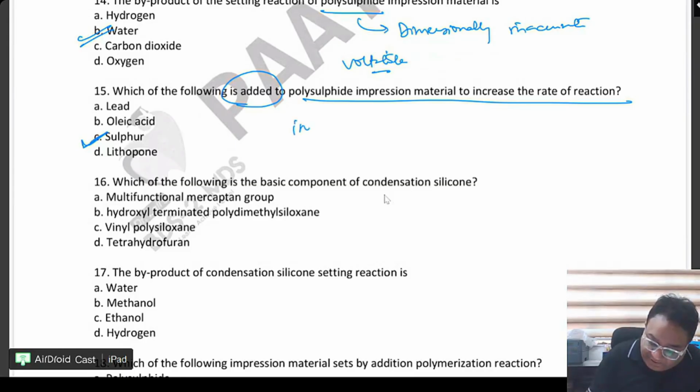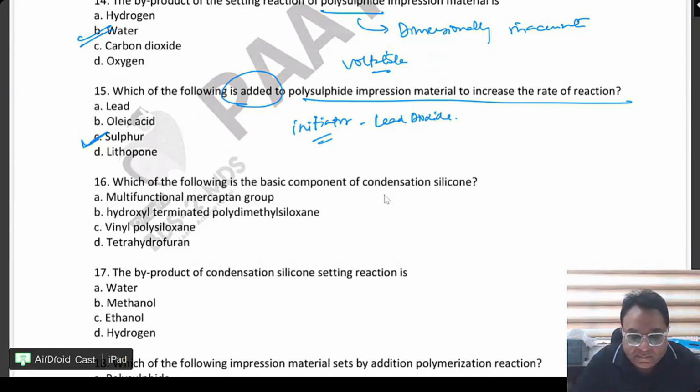The initiator in polysulfide is lead dioxide. This is retarder: oleic acid or stearic acid.